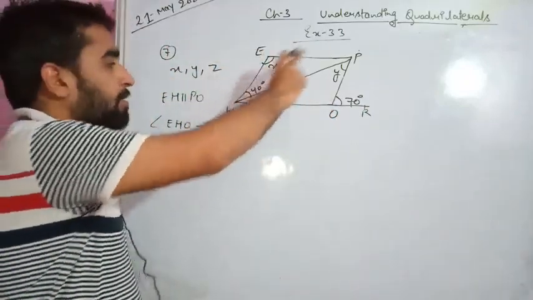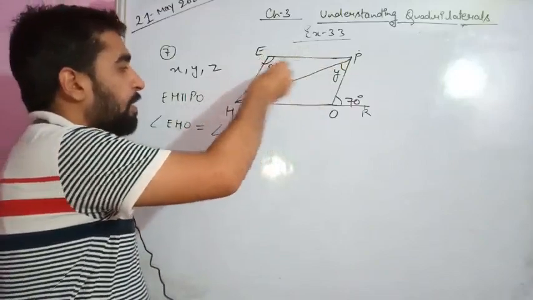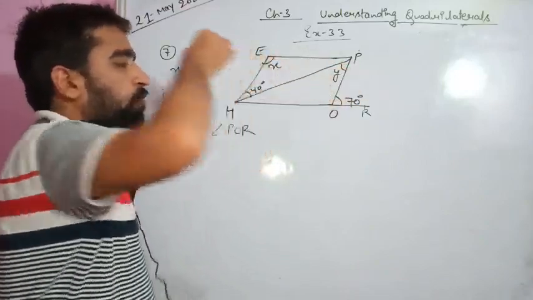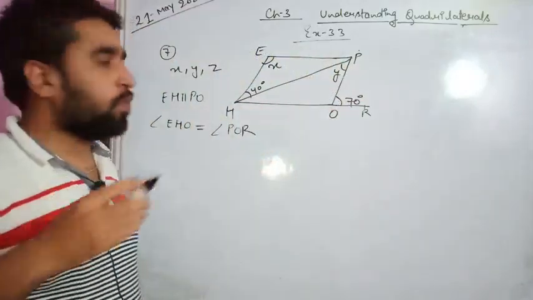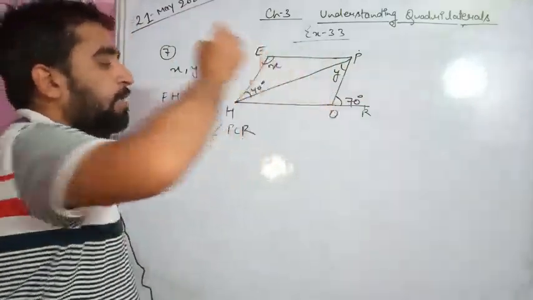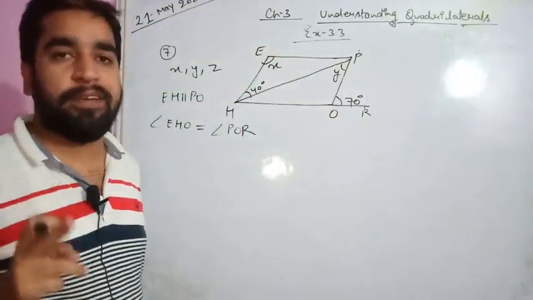If two parallel lines are there, you can see this is a line, this is a line, EH and PO, both are parallel lines and a transversal is drawn. So these two angles will be corresponding angles and will be equal.